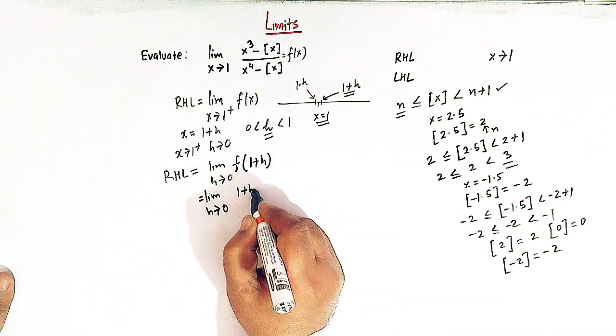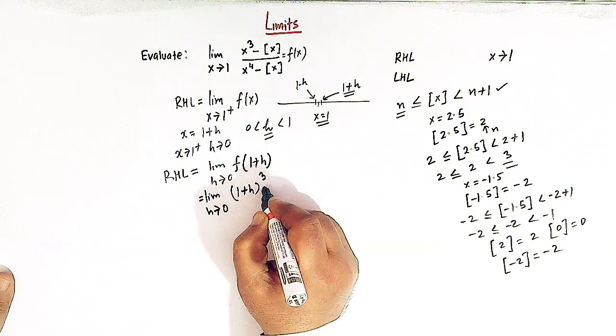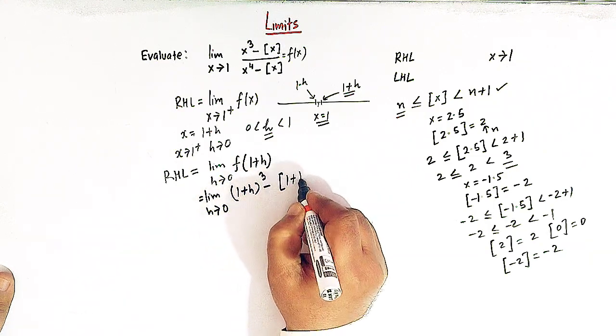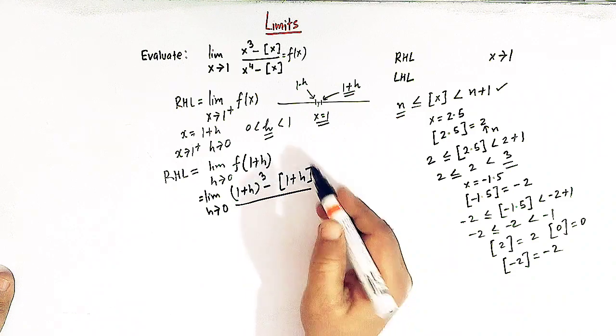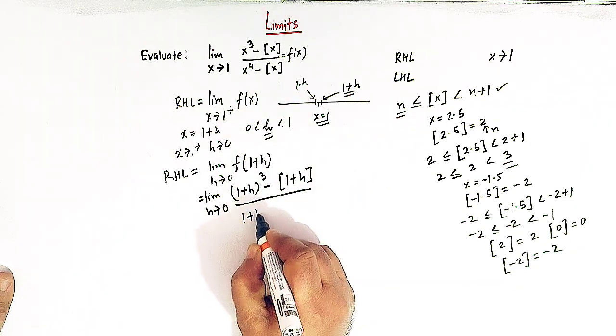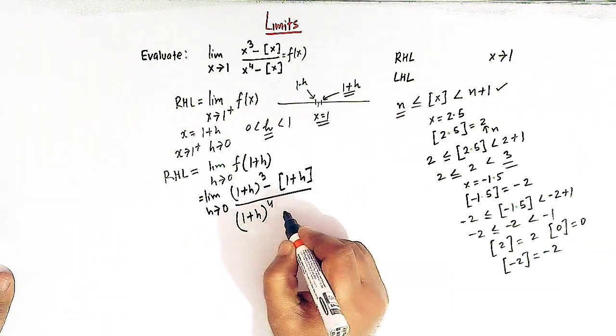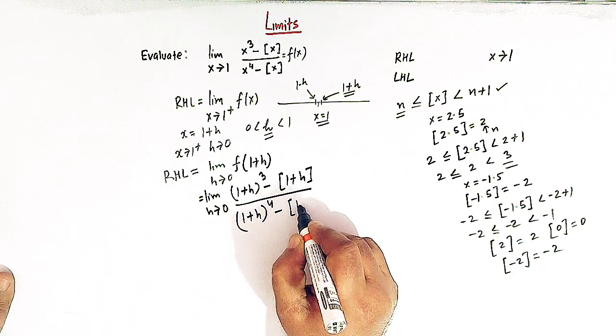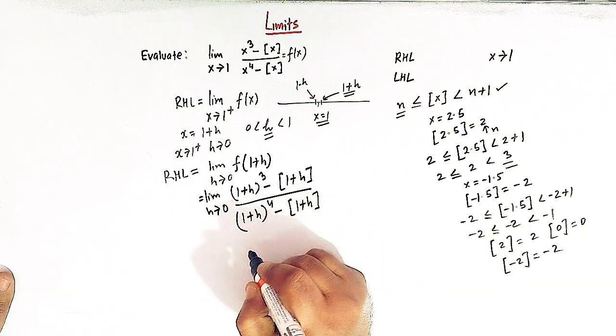So we have (1 plus h) cube minus greatest integer of 1 plus h, divided by (1 plus h) raised to 4 minus greatest integer of 1 plus h.